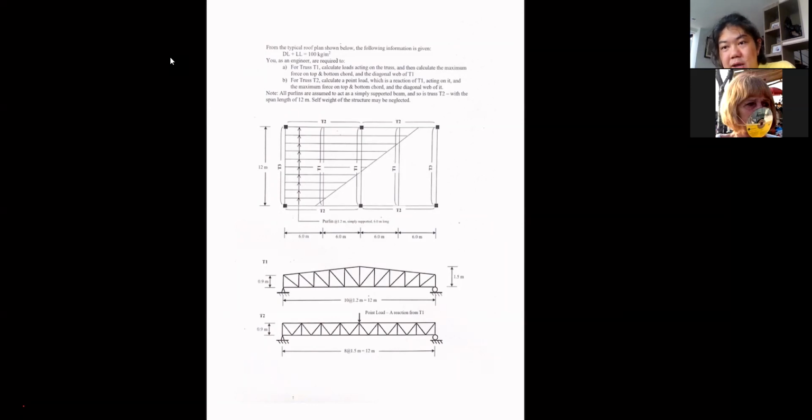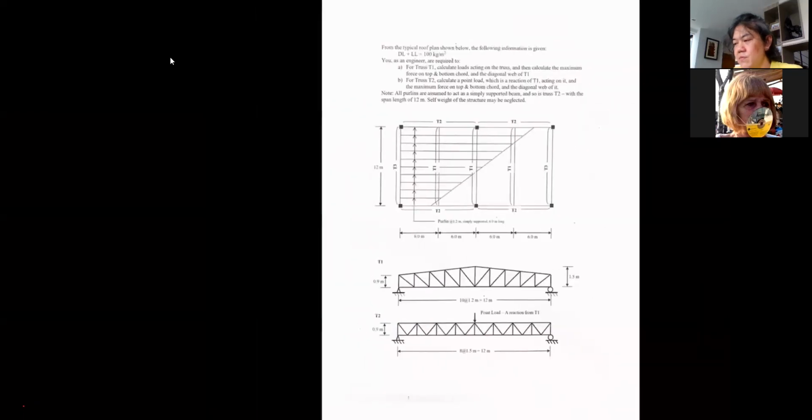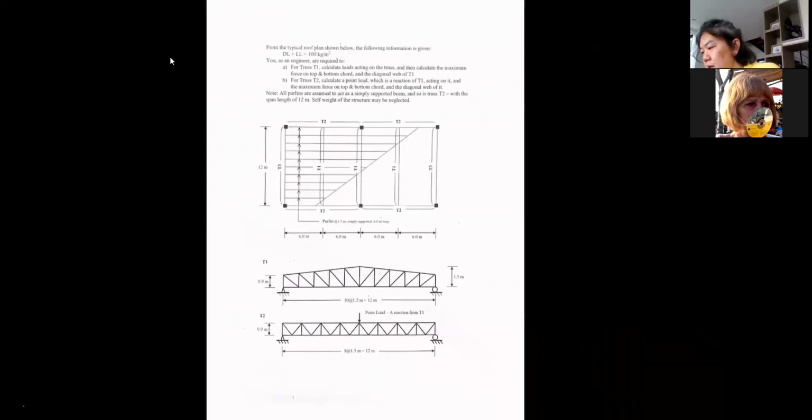It works the same way as the system that we talked about before in the typical floor system, but instead of having the primary beam, we have a truss that acts as a primary beam. That's all. Okay, so let's not worry about this yet, and we'll find a time to discuss that maybe after the midterm in the class. But for the time being, that's it for you. Okay.